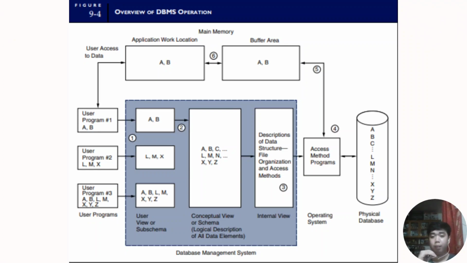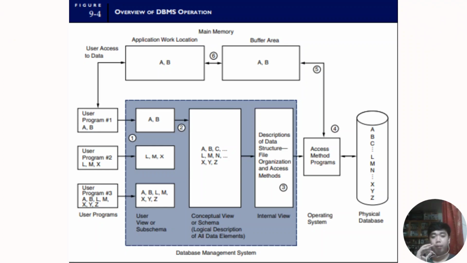So the second one, the DBMS evaluates the request by comparing the called data elements against both the user view and the conceptual view. If the request aligns with these views, it is authorized and the process proceeds to the next step. However, if it doesn't align, then the access will be denied.